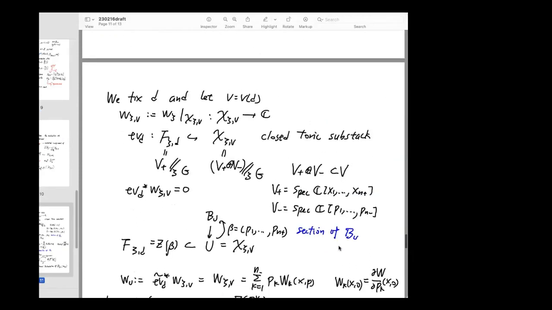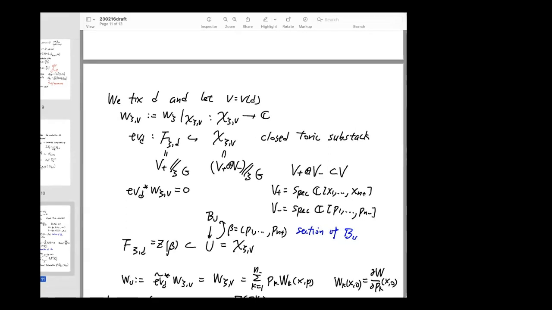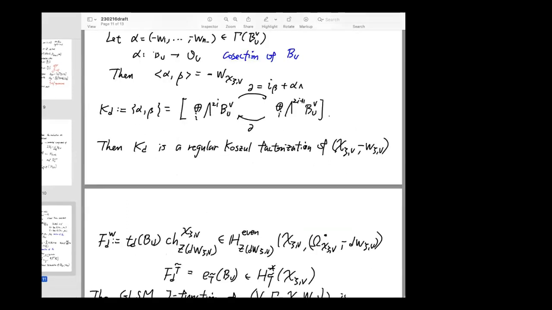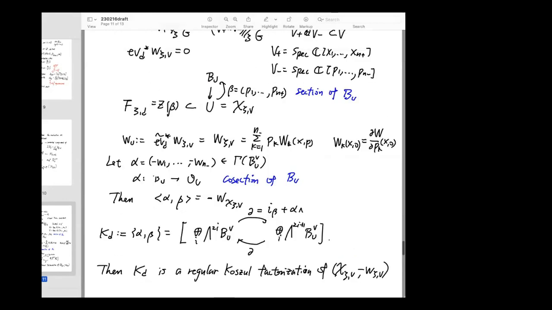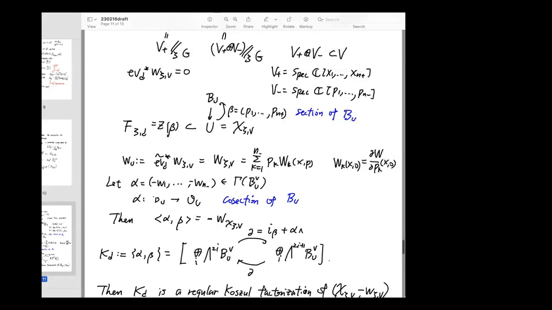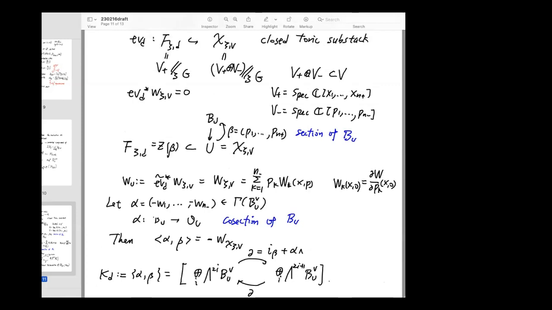Okay, yes. Now we know that to follow the construction of Favero and Kim, although this F is already smooth, we still need to extend it, embed it into a larger U, such that essentially we need the evaluation map to be surjective.